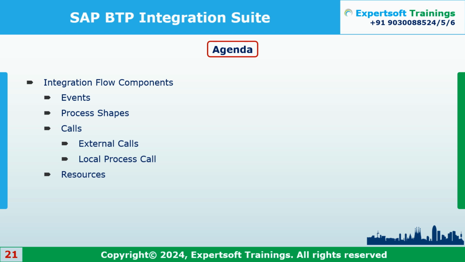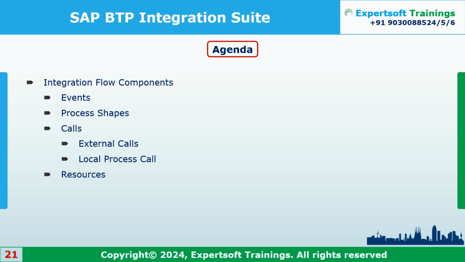Okay. So integration flow components, as I told you, right? So events. Based upon events, these integrations can trigger, and process shapes like data sources and data stores. From the queues also we can trigger these integrations, and we can generate our integrations based upon these also, and calls, external calls, local process calls.